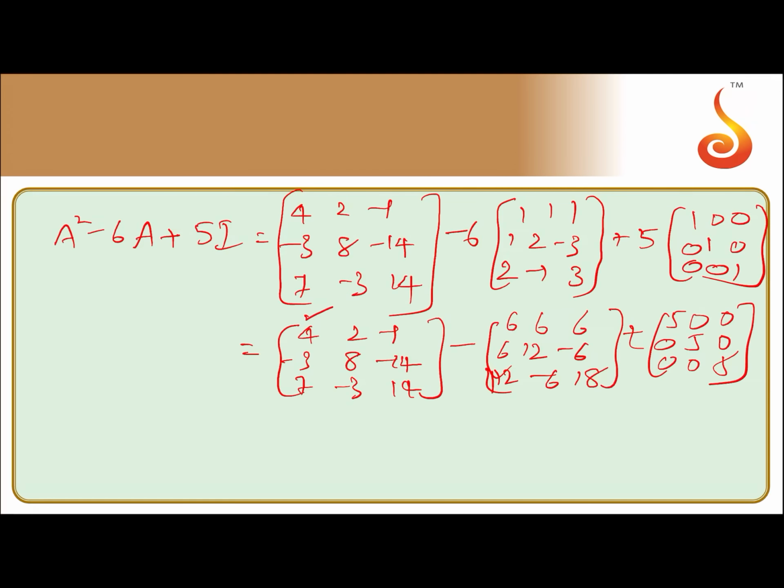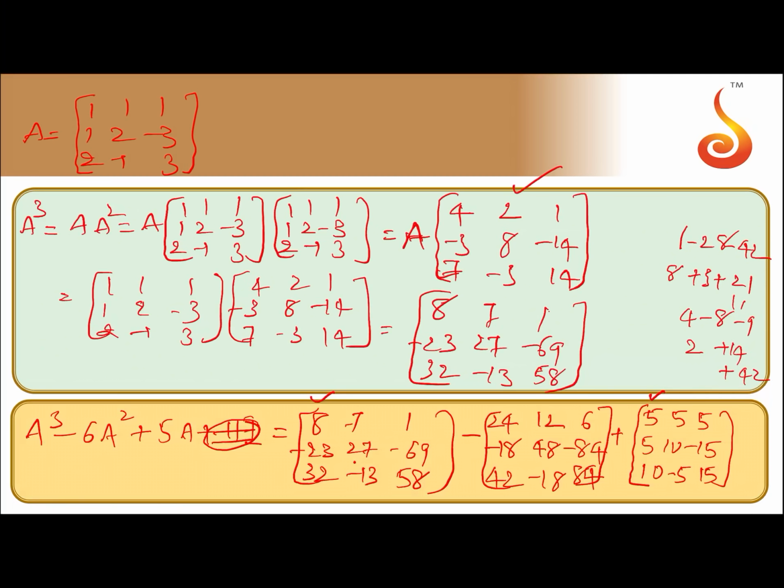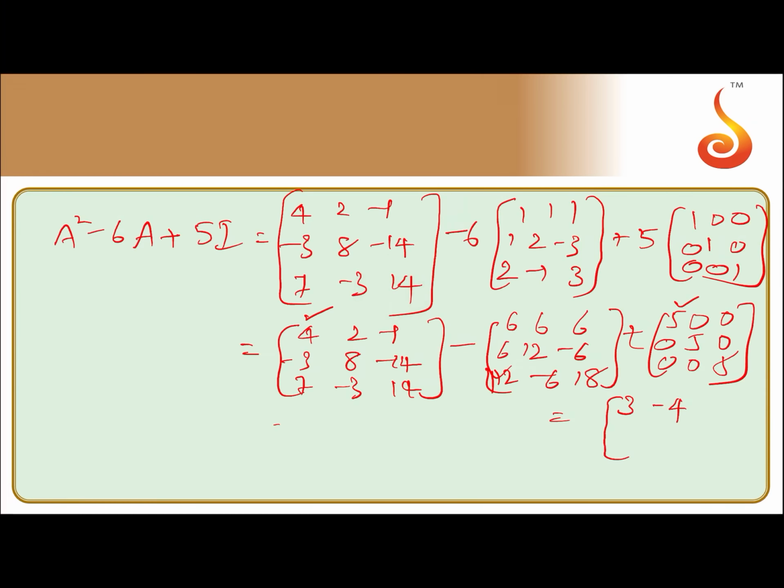When you simplify, clearly you can see that 4 plus 5, 9, minus 6 gives you 3. Then 2 minus 6 is minus 4. Minus 1 minus 6 is minus 7, plus 1 gives minus 1 minus 5.